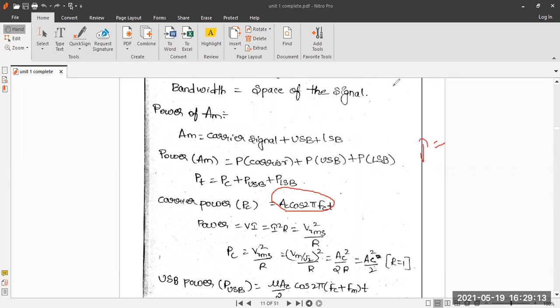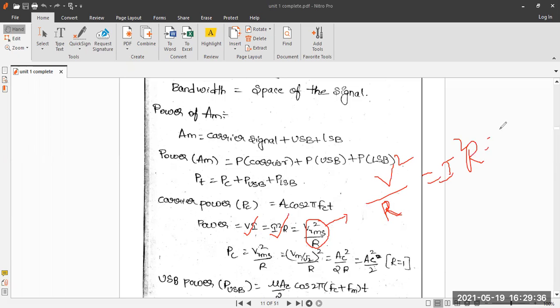Power is equal to VI, voltage into current, or current square into R, I square R. In analog terminology, power is nothing but V square by R. This is the formula. P equal to V square by R, I square R, VI. So this is the power formula. Okay.